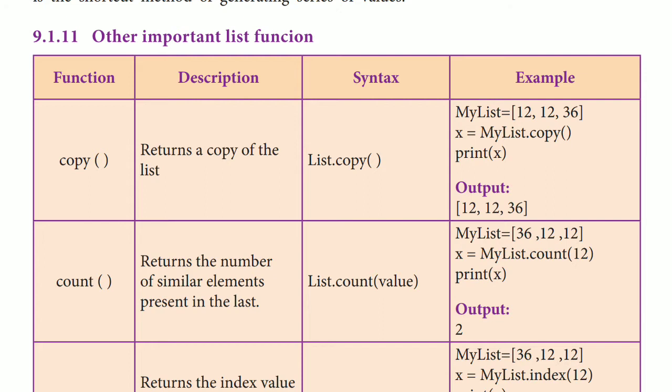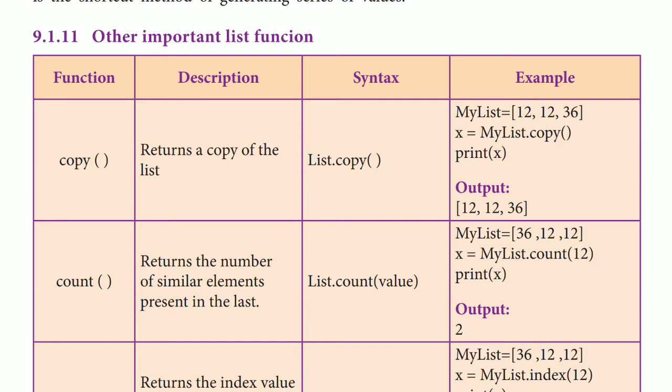They have given an example: my list is equal to 12, 12, 36. So x is equal to my list dot copy, then x will have the same values as my list. In the next statement they are printing the x value, so you can get the same values as my list.